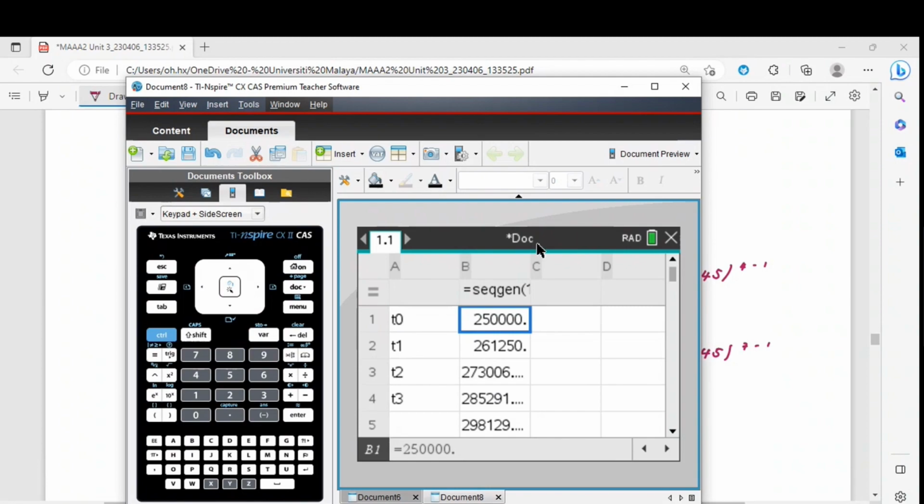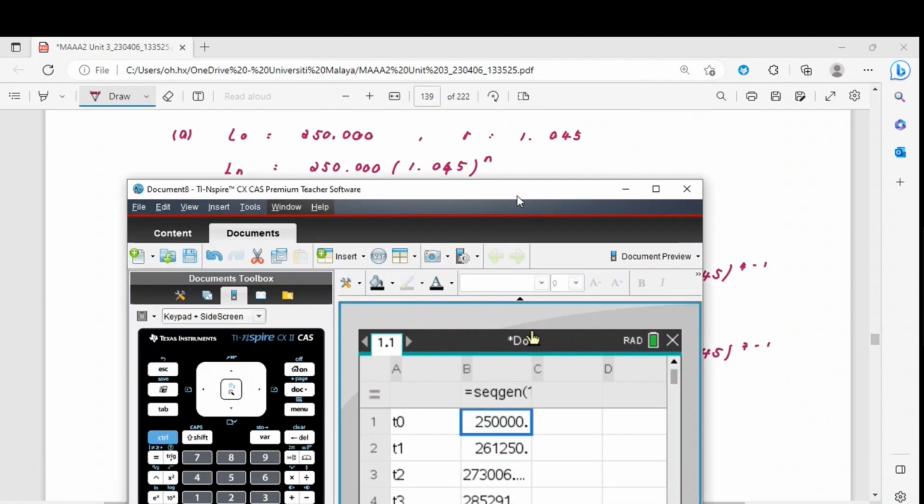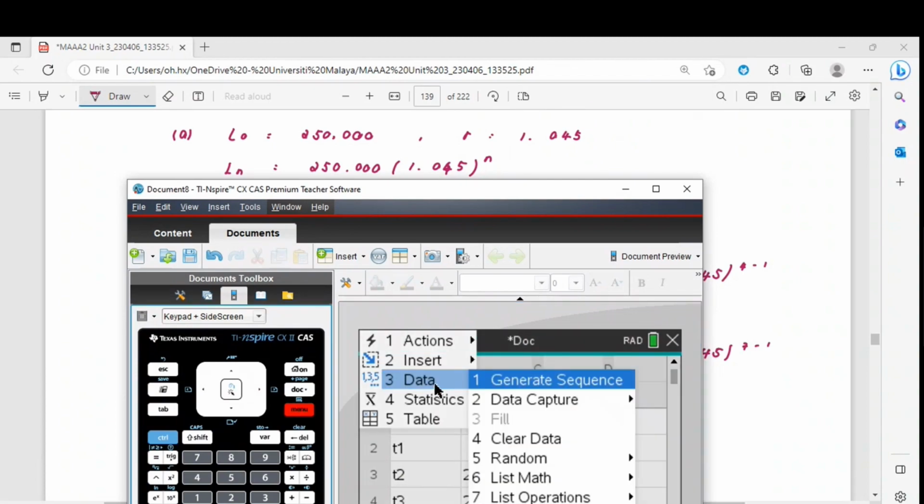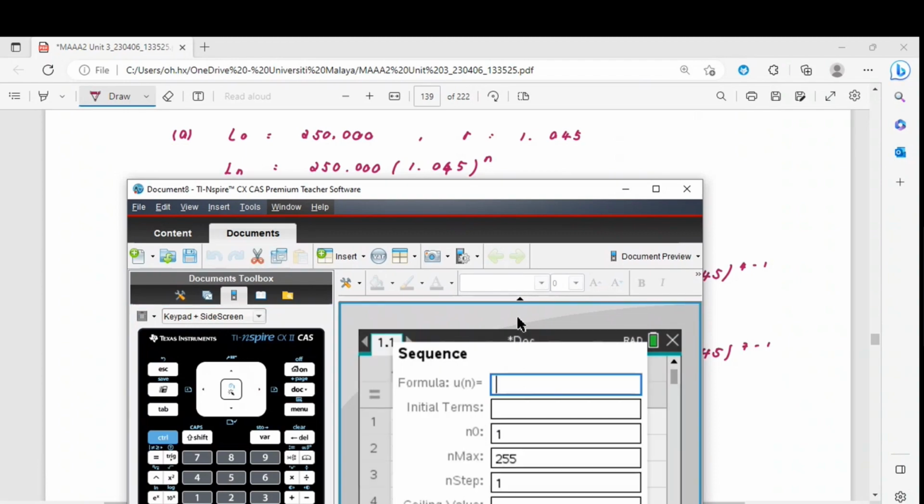Now we go to the nth term rule. Same thing: just now we were using the recursive rule, now we try out the nth term rule. The difference between keying in the nth term rule and the recursive rule for T0 R power n is this. 250,000, same thing, multiply 1.045 to the power of n.